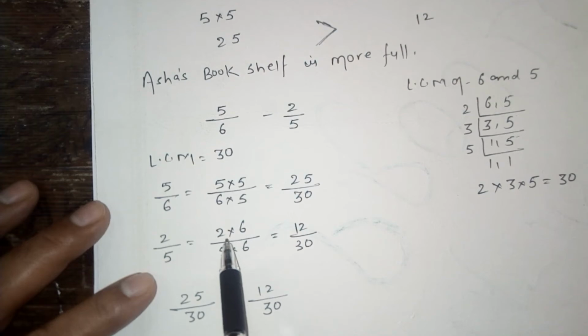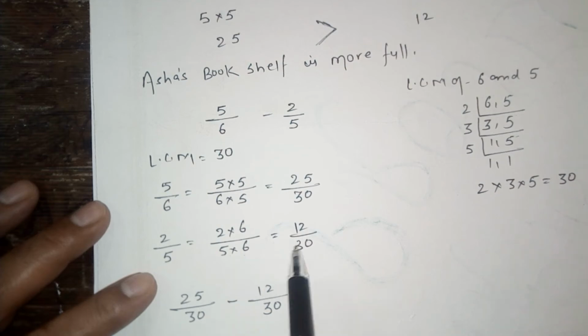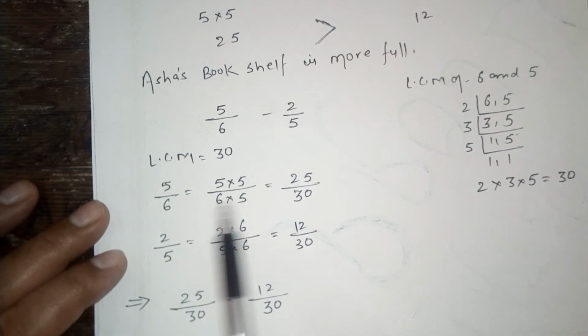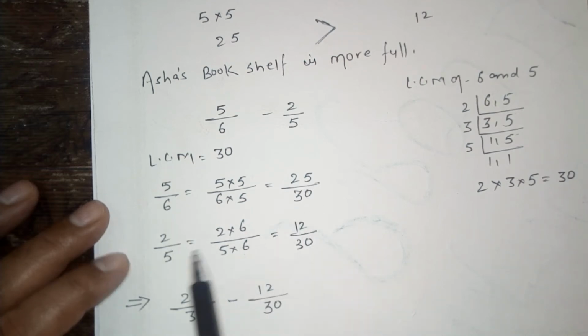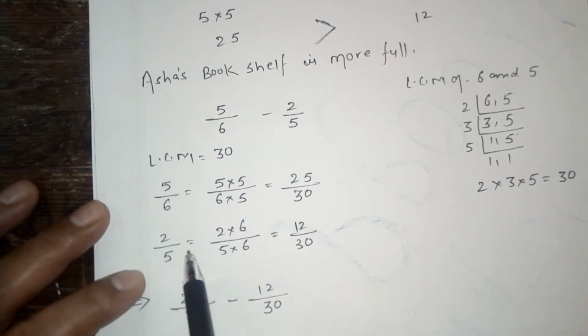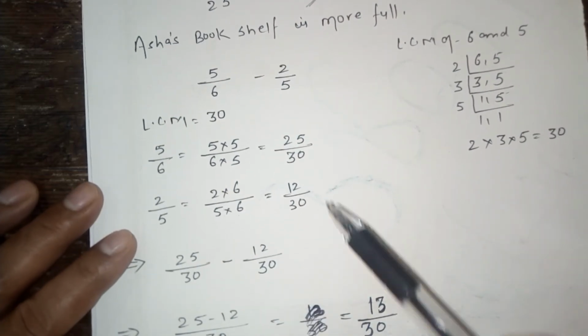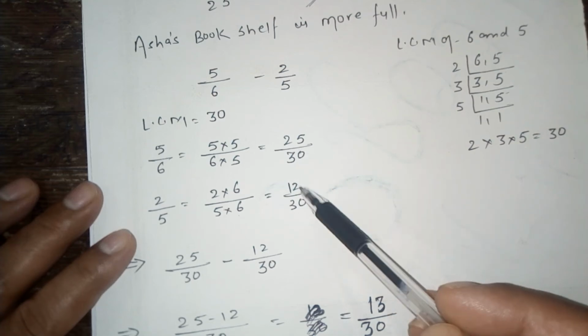Look here, in 2 upon 5, the numerator and denominator are multiplied by 6. 2 into 6 upon 5 into 6. 2 sixes are 12 upon 5 sixes are 30. The meaning is 5 upon 6 is equal to 25 upon 30, and 2 upon 5 is equal to 12 upon 30. Okay. Then after, what will you do? We will subtract these two fractions.